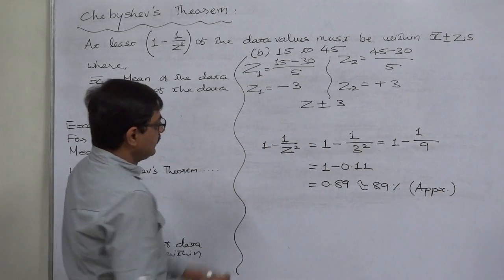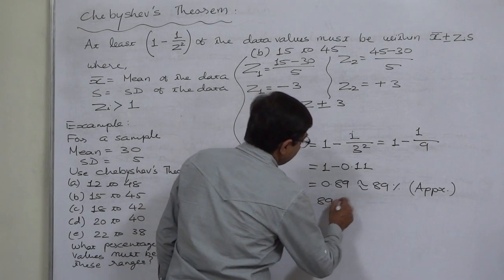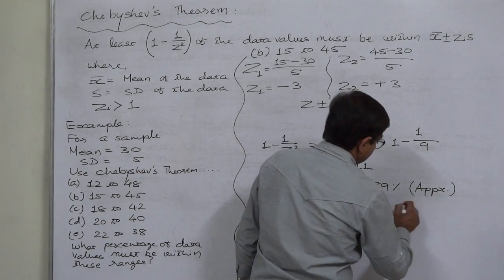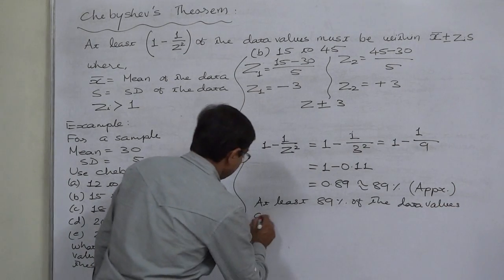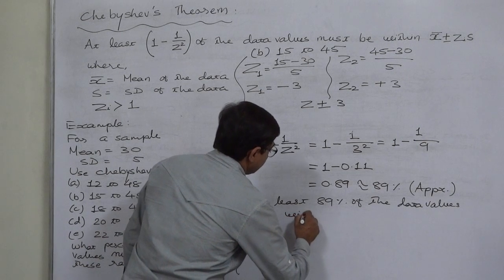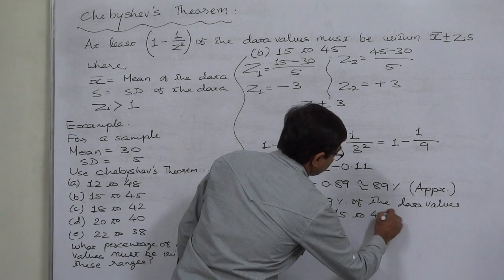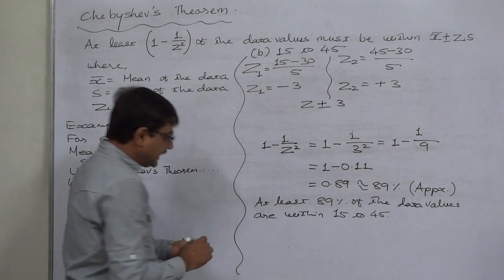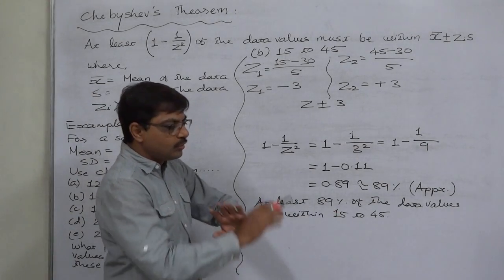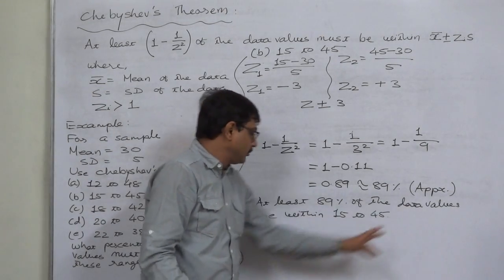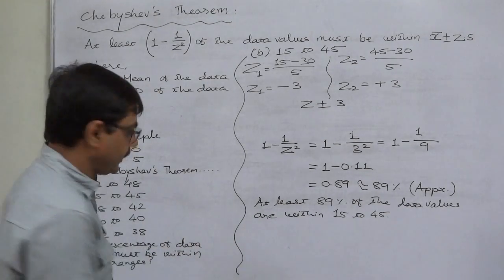That means at least 89% of the data values are within 15 to 45. Again, the word at least 89% means from 89% to all 100% data values are within 15 to 45.